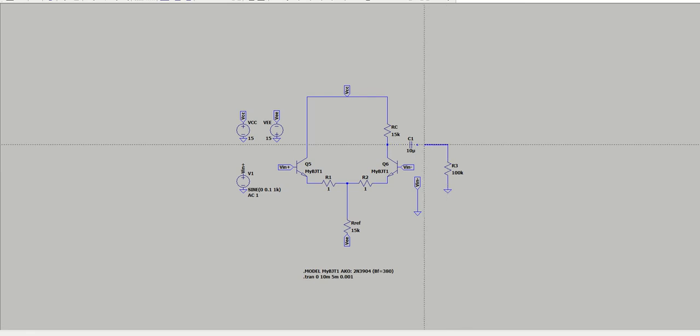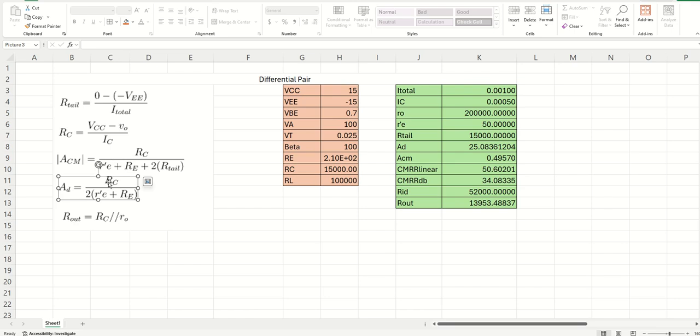If you want the load connected, then that value should be RC in parallel with RL over 2 times r'e plus RE. Just for me to double check that, yep, I have the load resistor in there, so we're good. RC in parallel with RL.